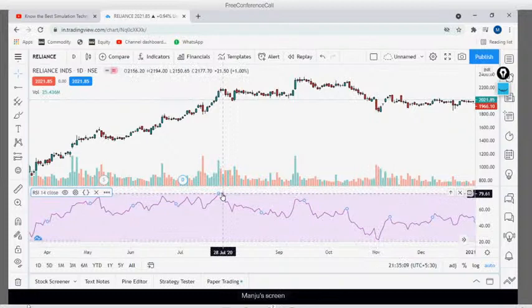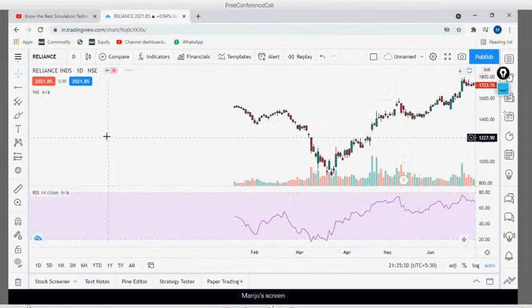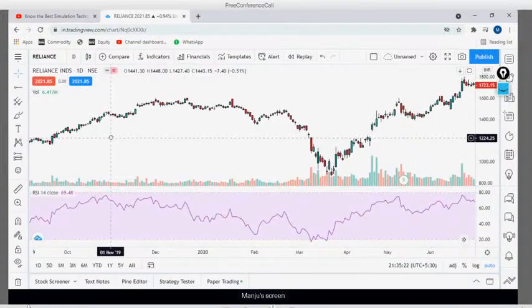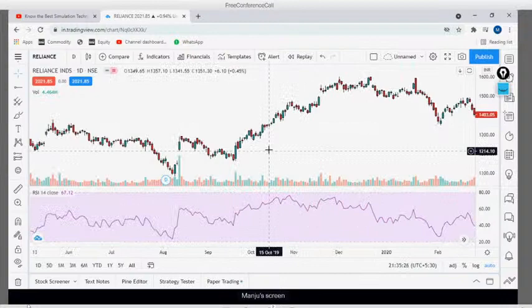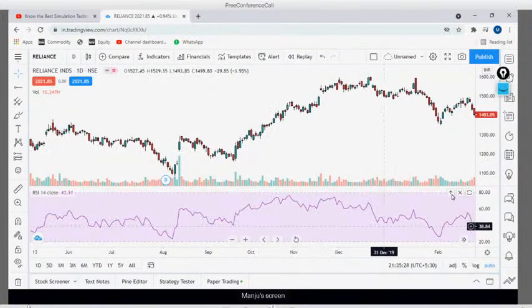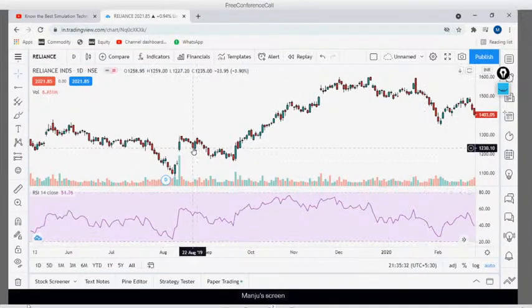Whenever RSI comes near the 80 level, I look for a sell. That's not my technique; many people who use the RSI indicator usually follow these numbers like 20 to 80, 30 to 70, or 60 40. I'm just showing how to use that.